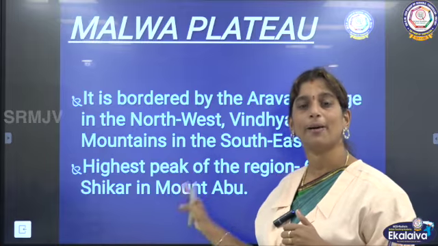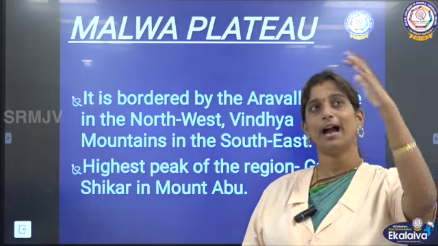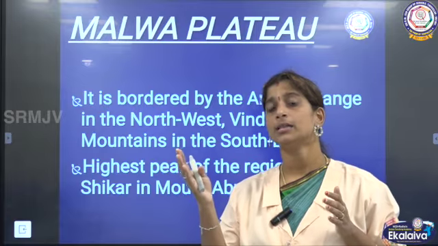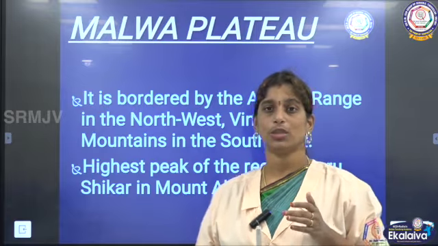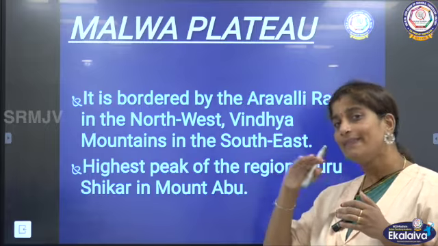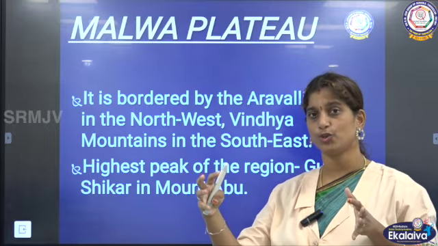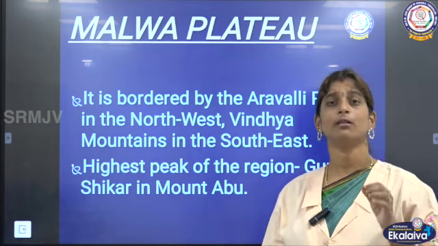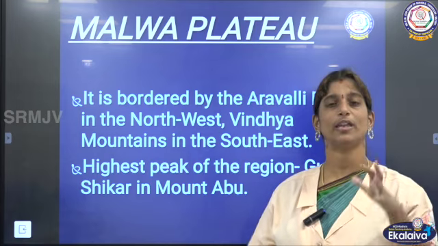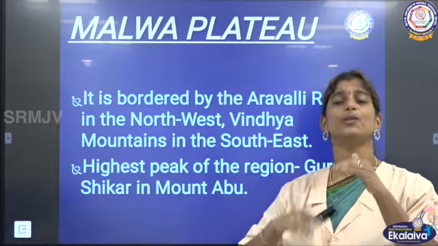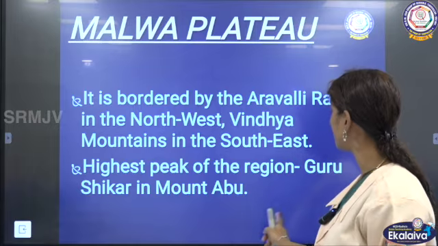So this Malwa Plateau is covered by the Aravalli range on the northwestern side and Vindhya mountains on the southeast side. There is a highest peak in this particular plateau, Malwa Plateau. We call it Guru Shikhar in Mount Abu. In Mount Abu there is the highest peak of this place, which is called Guru Shikhar, right?